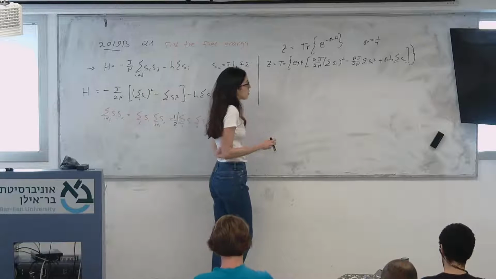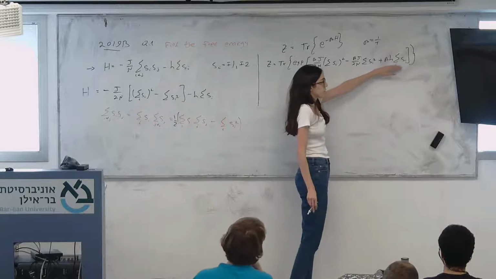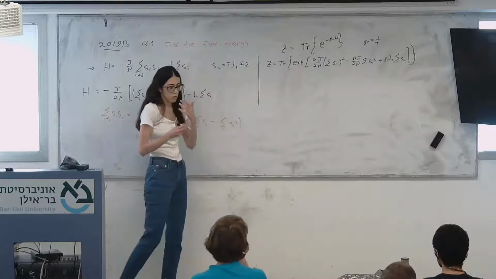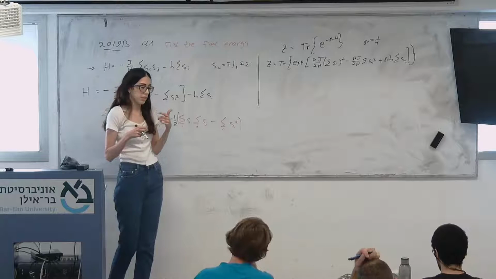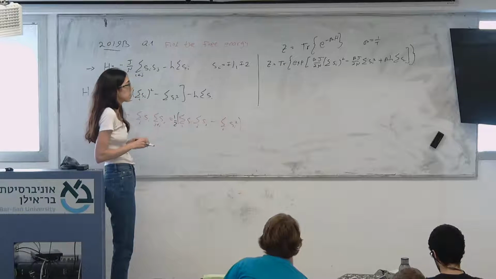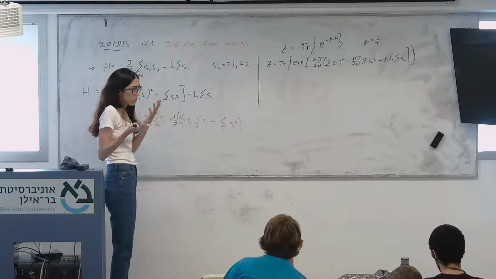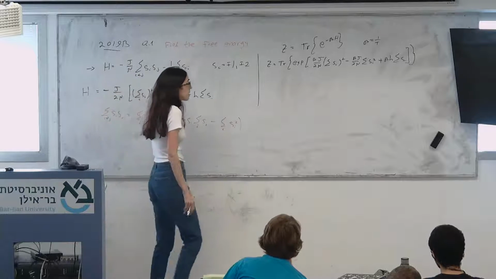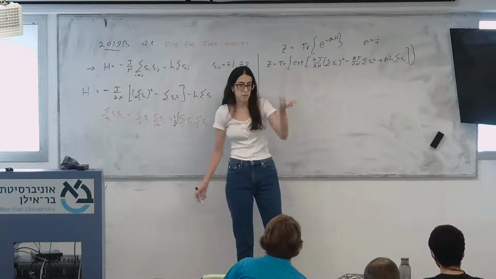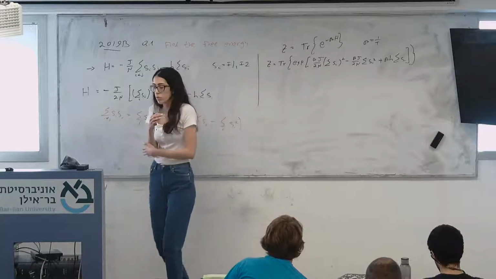Okay, so for this part and this part, we know how to calculate the trace, because all we need to do is to count over all of the possible configurations of the spin. We did it before, but for the sum of si squared, this is something that we don't know how to do, because we actually have two summations here. So this is a bit more complicated.